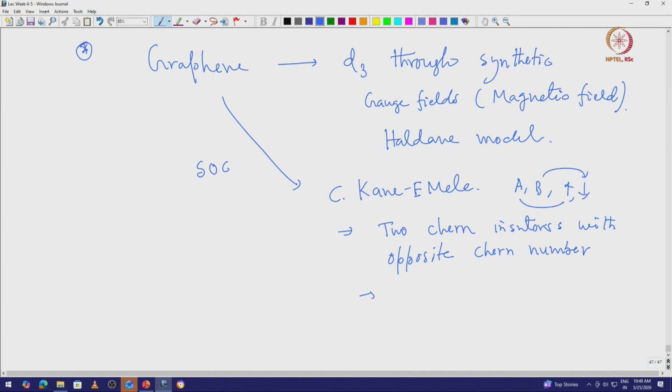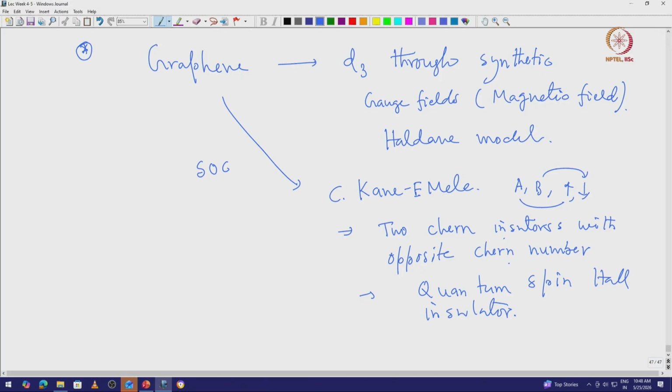These are called quantum spin Hall insulators. There is a slight nuance here, whether you can really split these two Chern bands separately or not, we will discuss that.